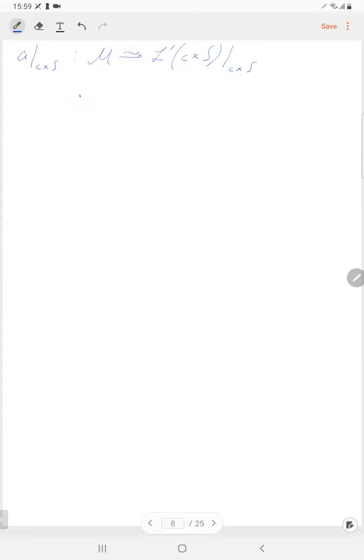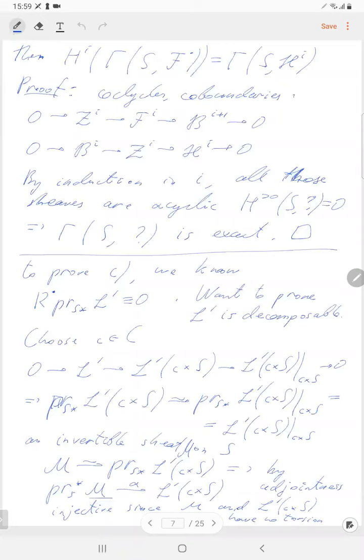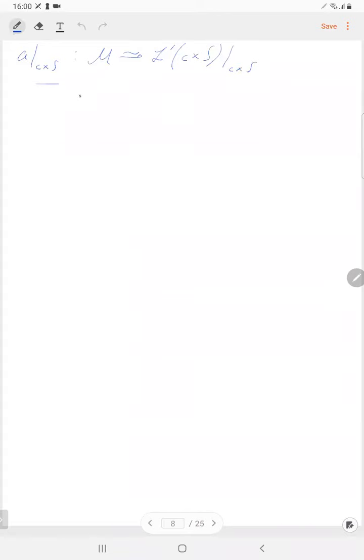Once again, we had an embedding like this, A from the pullback of M to this guy. So we consider this guy, L prime of C times S modulo the pullback of M, like this.